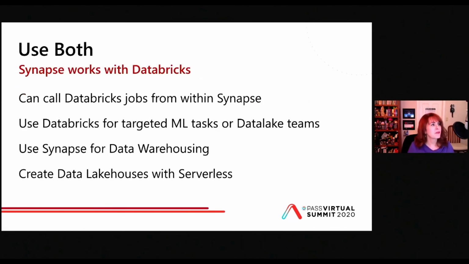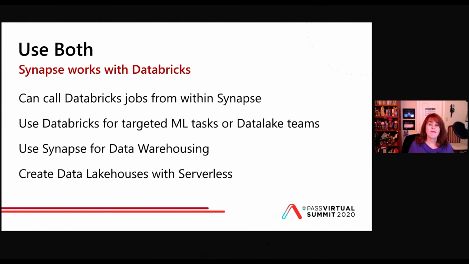But you can use both. You can call a Databricks job from within Synapse. So if you are using the ADF integration functionality, you can call Databricks from within there. You can use Databricks if you really feel that you need the speed for targeted machine learning tasks, because it is very good at machine learning because of the additional compute capabilities, and with its proprietary version.